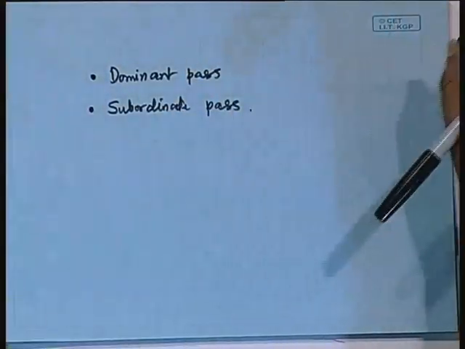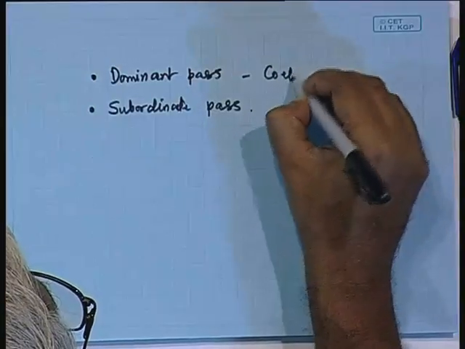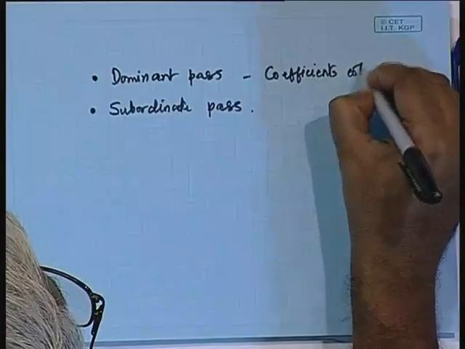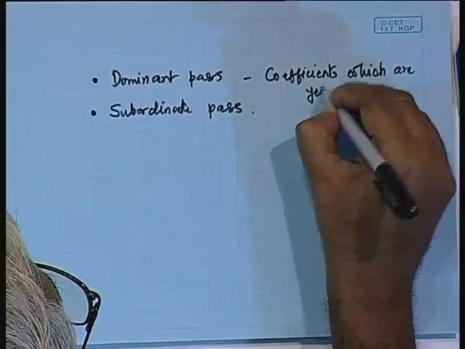By dominant pass we mean the coefficients which are yet to be found to be significant. So, the dominant pass encodes the coefficients which are yet to be significant.